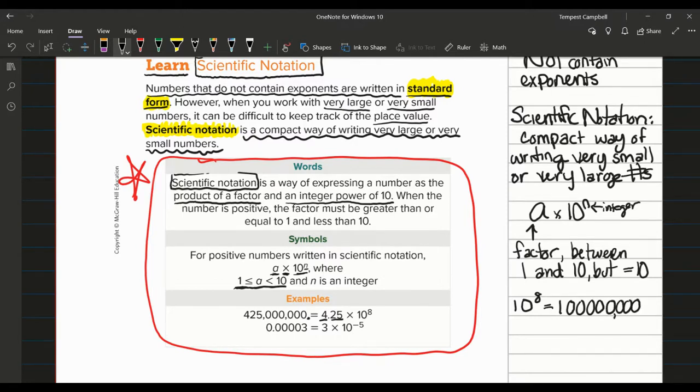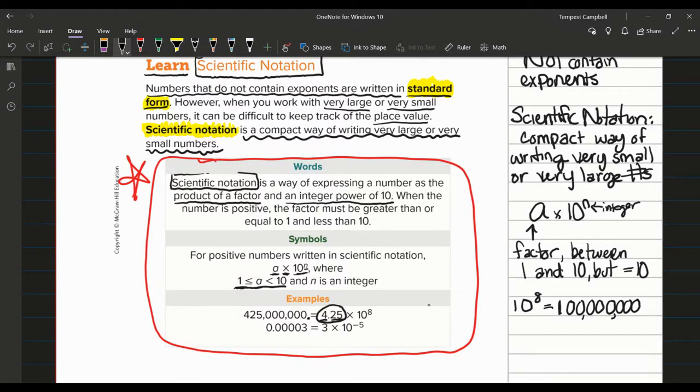So notice how this is close to the number that we have. The only difference is it's just 1 instead of 425. So 100 million versus 425 million. And that's why we're multiplying it by 4.25, so that we can get this number.